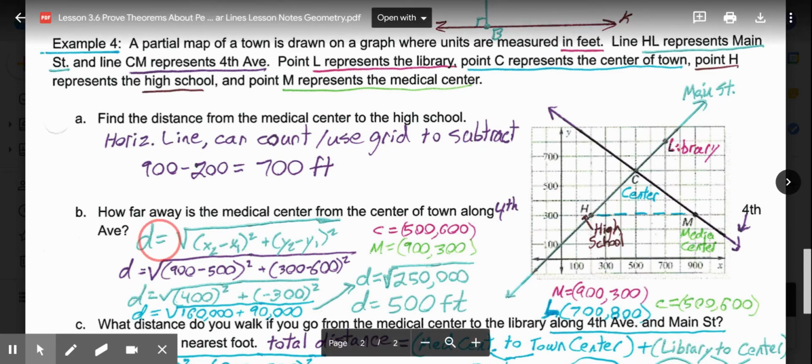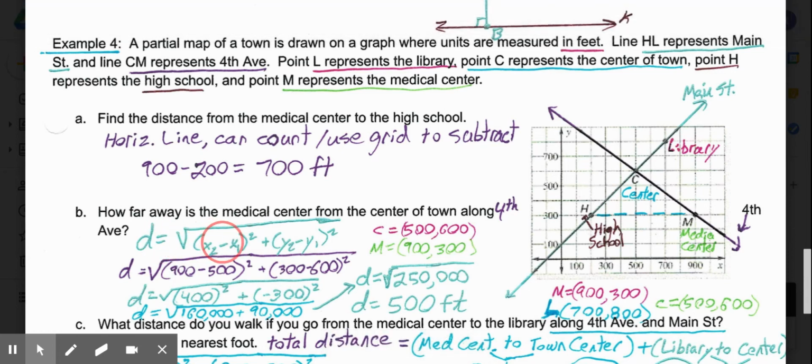So remember, our distance formula from our earlier chapter is the change in the x values to the second power plus the change in the y values to the second power, all in the square root.